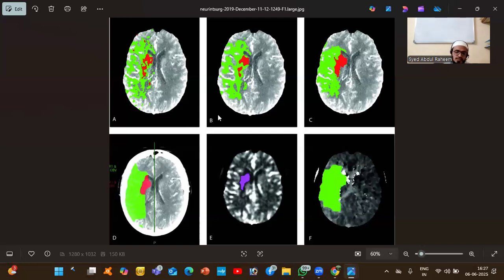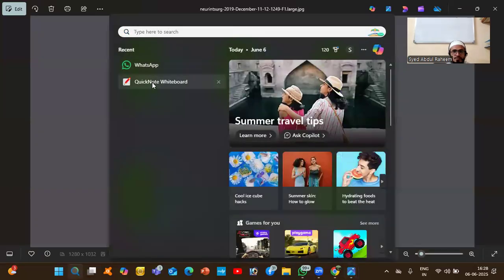So these two things, other things also we will get, but I will explain these two here. And it will give two things: one is penumbra, and infarct core. Penumbra and infarct core. So let's discuss those two things here.